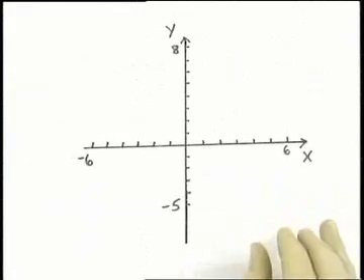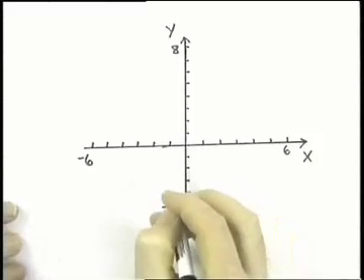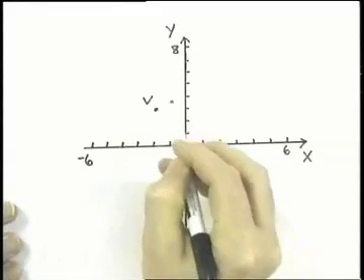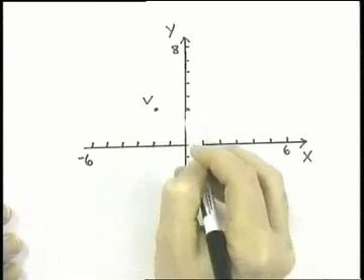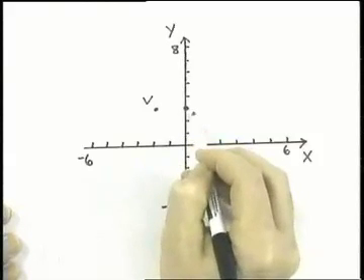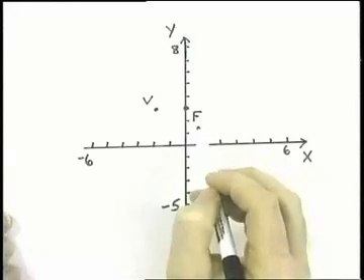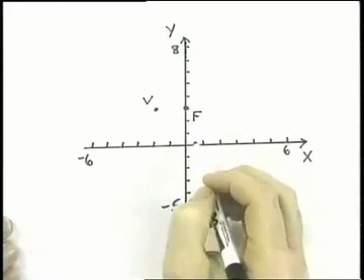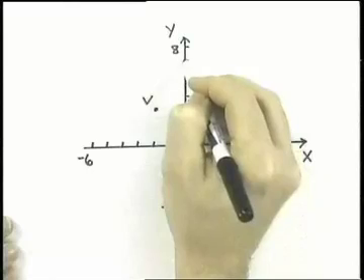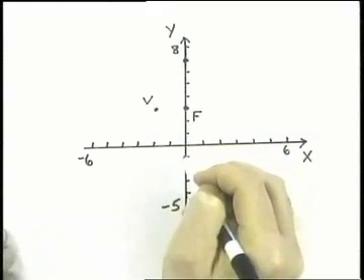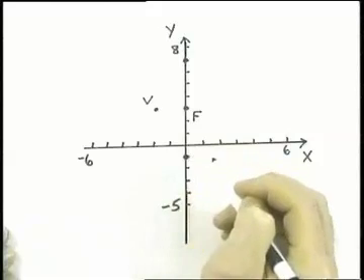So here we go. We have that the vertex is at negative 2, 3. So there's your vertex. We have that the focus is at 0, 3. So that's on the positive y-axis. There's your focus. We have that the latus rectum endpoints are at 0, 7 and at 0, negative 1.